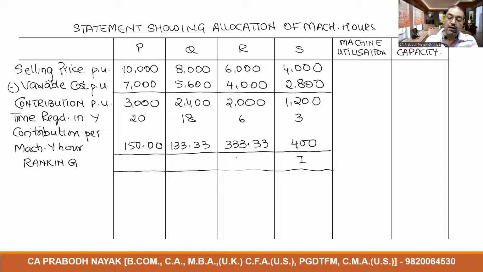Second will be 333. Third will be 150. Last will be product Q, 133. So that means first I will produce product S, then product R, then if time permits, product P, then if time permits, to whatever extent Q is possible. I may not be able to produce entire 200 units. Let us see what is possible.